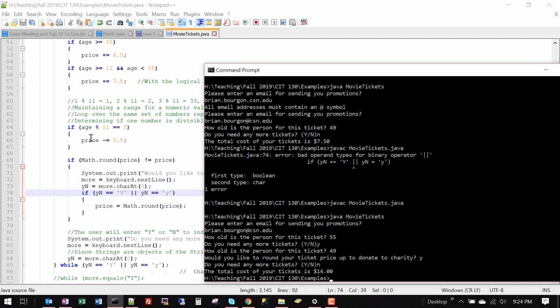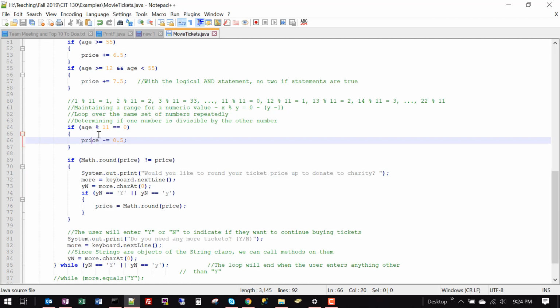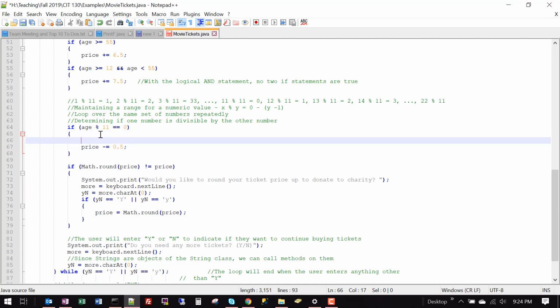$14 for everything. One thing that is probably a good idea to do is, in this case, it didn't let us know about the 11 club. So we might want to throw something in here that says, congratulations, you are a member of the 11 club.